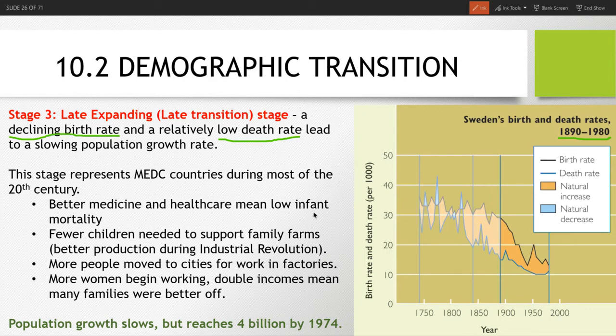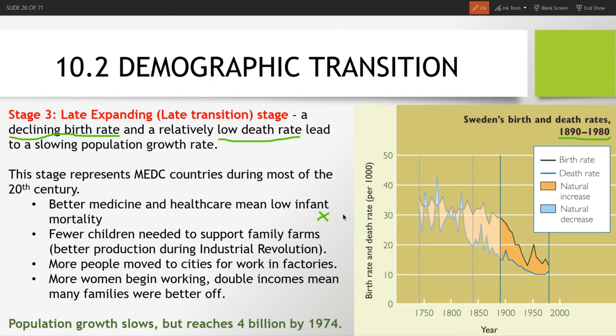So better medicine and healthcare mean low infant mortality. And we might say, well, okay, that's going to mean fewer people dying. So won't that increase the birth rate? But the issue here is that throughout history, as we said, families tended to have large numbers of children, partly with the expectation that it was very common for families to lose children at a young age due to disease or malnutrition or whatever it might be.